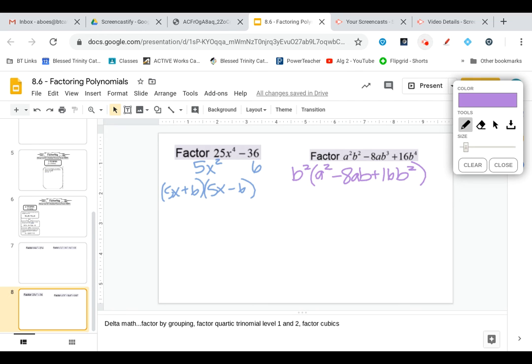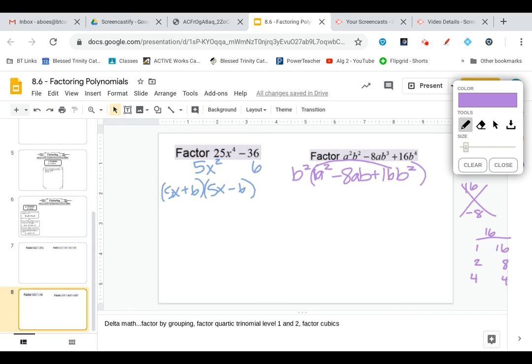So then I ask myself, okay, I know there's more than one variable here. We'll deal with variables here in a second, but since I've got 3 terms, ignoring our b squared, I'm still going to multiply a times c. So I'm looking for 2 numbers that multiply to equal 16 and add to equal negative 8. Well, my factors of 16 are 1 and 16, 2 and 8, 4 and 4.